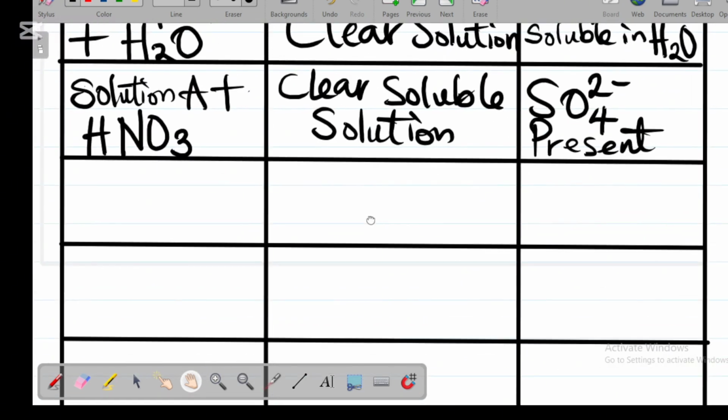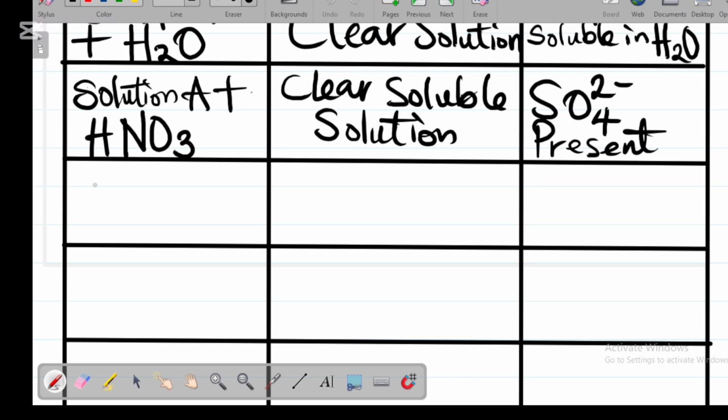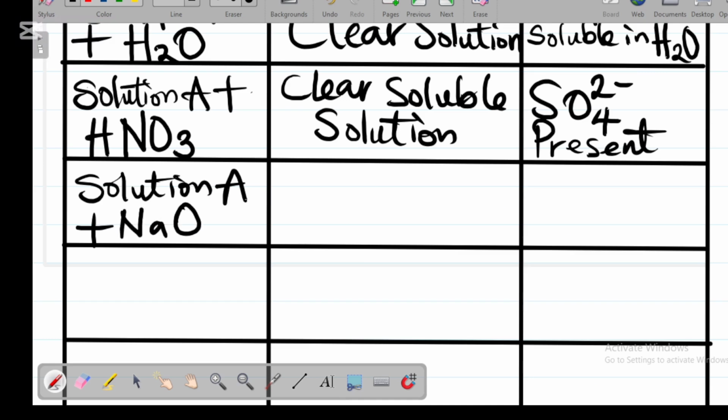All right, let's look at the third one. The third one is solution A plus sodium hydroxide.